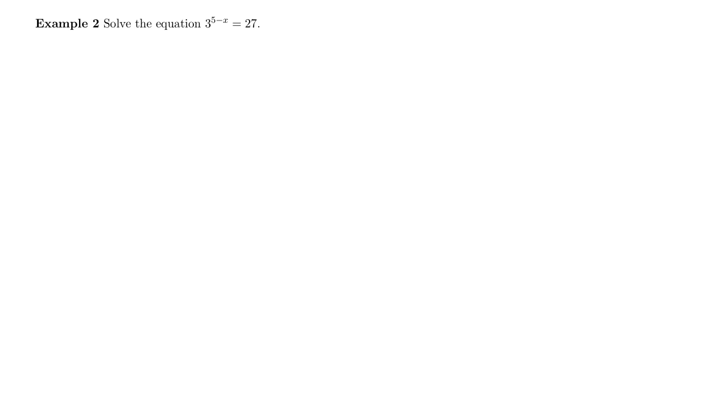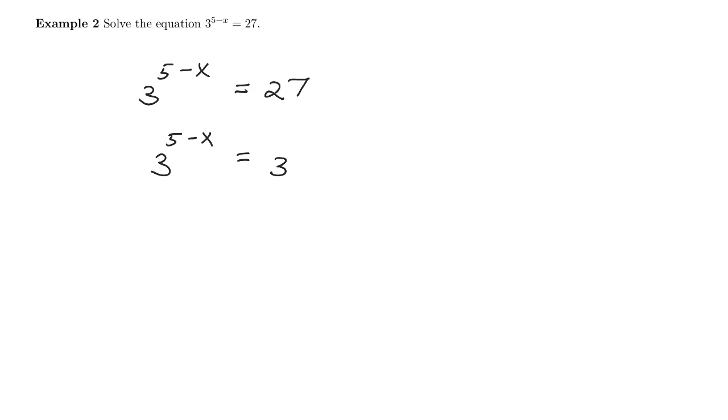So we will use that strategy in example 1 to make something perhaps slightly more complicated, but alright, I want to solve 3 to the 5 minus x is equal to 27. And even though the left side has an exponent that's more complicated, our previous strategy can still work, provided that I can write 27 as 3 to a certain power.